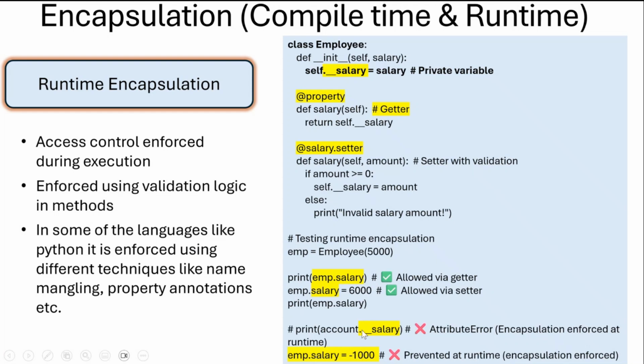So during the execution or runtime, when the actual program runs, we will get the error if we try to directly access the private variables or the private method, or set some wrong invalid value. Here we also added some custom logic on top of the encapsulation provided by Python. So this is runtime encapsulation.